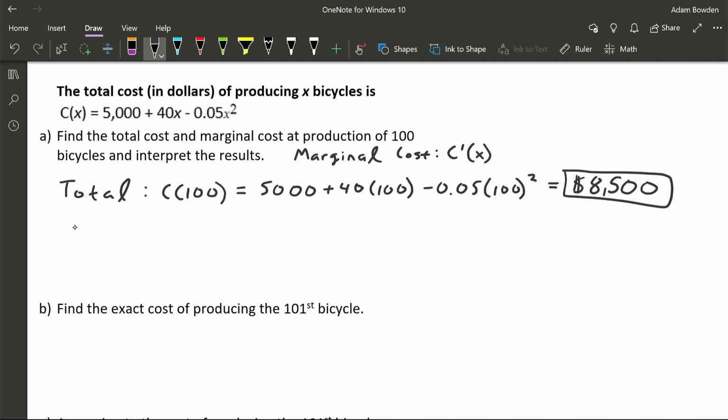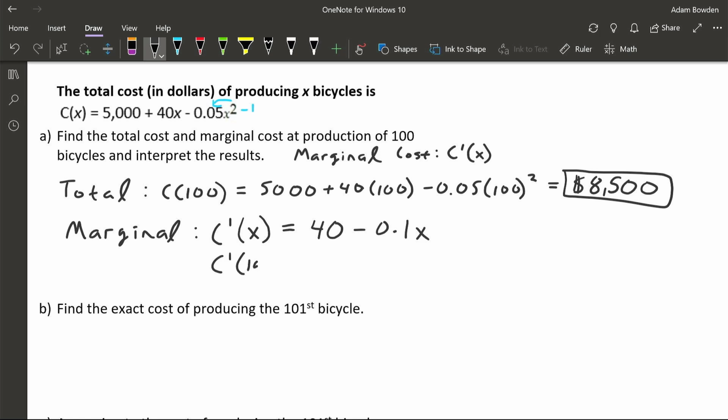Now for marginal, we need to find the derivative C'(x). The derivative of the function above would be 40, and if we do the derivative for the next term, it would be minus 0.1x as the marginal function.